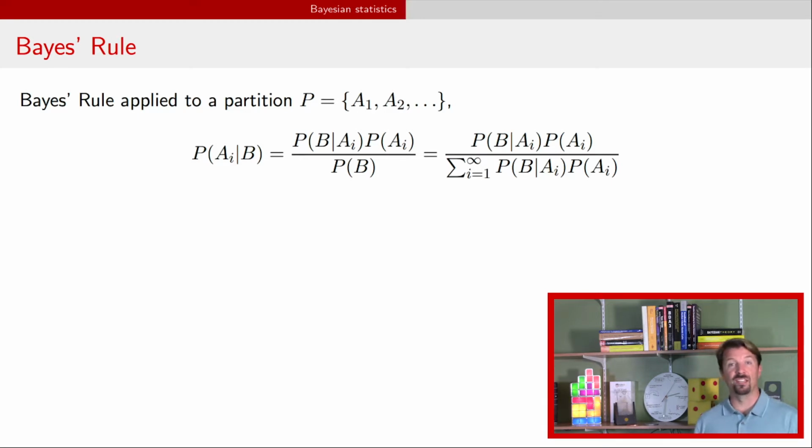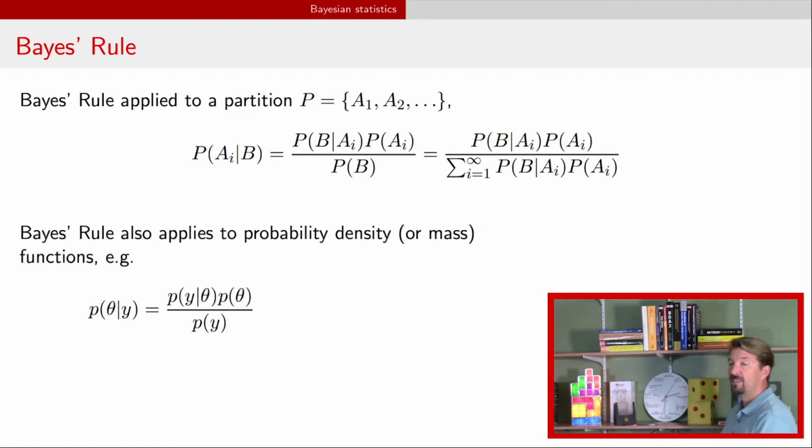All right, so we're going to take this idea, and we're not going to prove it at all, but we're going to apply the same idea typically to densities, or sometimes probability mass functions. So here is the same looking equation where we have now put theta and y. So remember, the left side of the equal sign is what we're trying to determine as a Bayesian statistician.